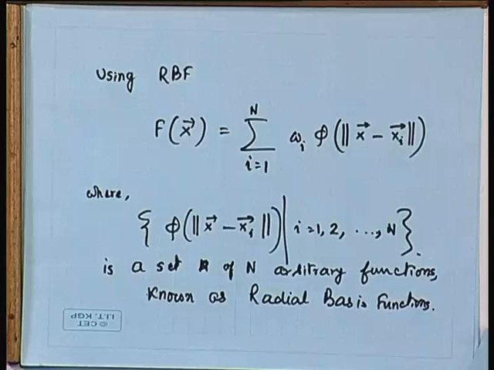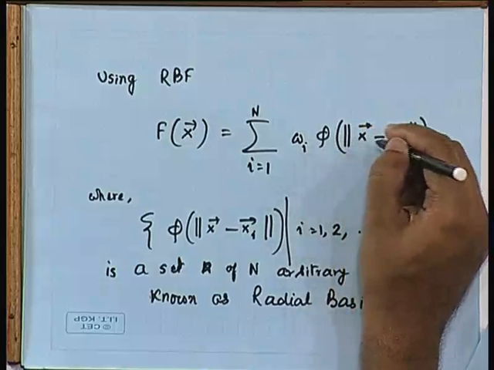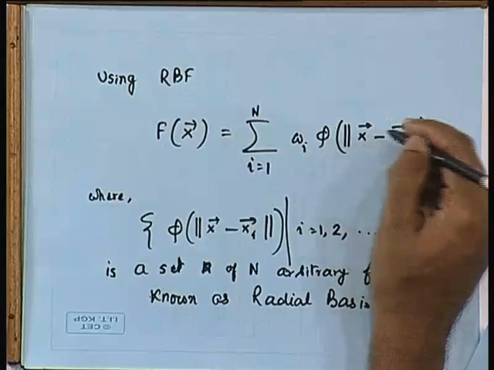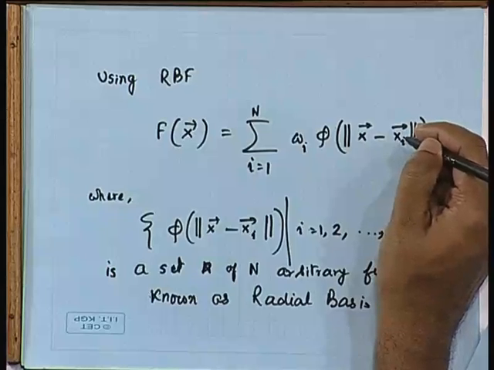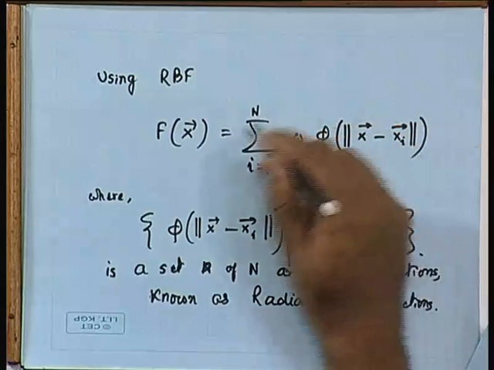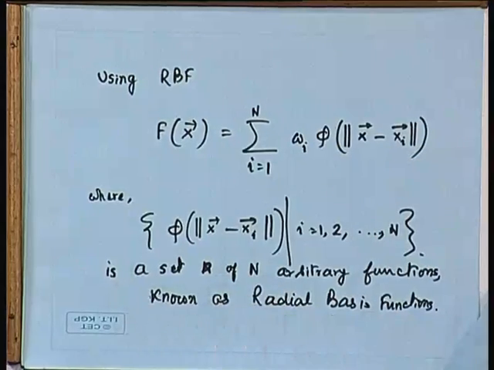So, d1 should be equal to the summation of w_i phi of x1 minus x_i, and we have to compute all these n different outputs. For the x1 pattern we will get n different outputs from the n different radial basis functions that we have constituted.